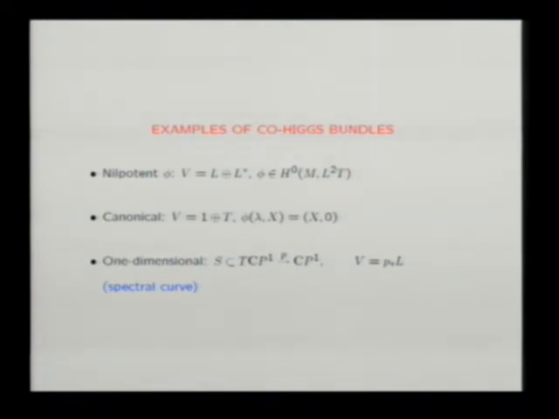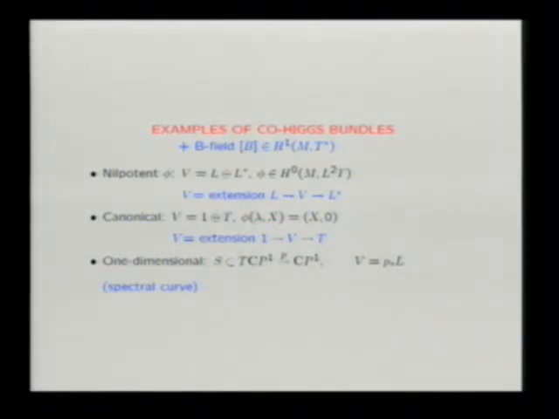Well, here are some examples. I gave you these standard examples earlier of co-Higgs bundles. What happens if we hit each one of these with a B field? In the first situation, instead of getting a direct sum, it gives you an extension.